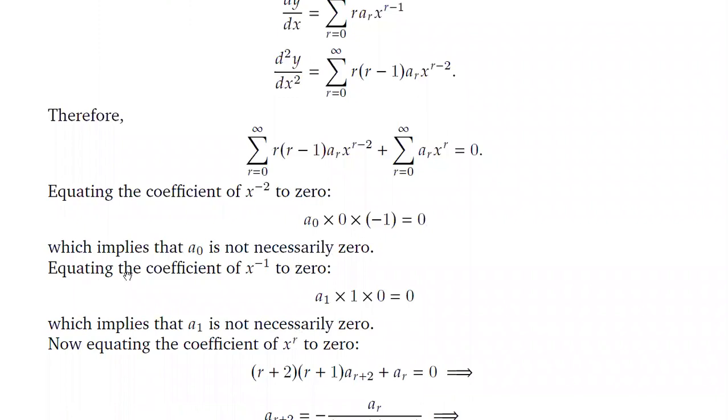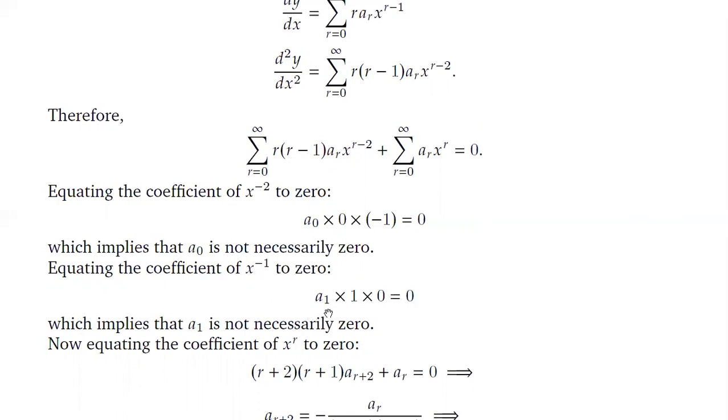Then after this, we equate the coefficient of x power minus 1 to 0. When you put r equal to 1 here, you get a1 into 1, and here you get 1 minus 1, which is 0. So I got a1 into 1 into 0 equal to 0.